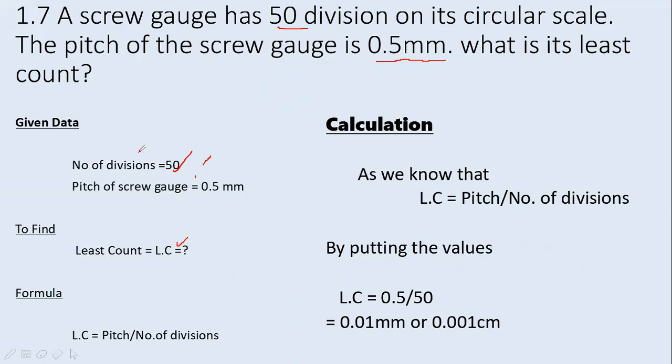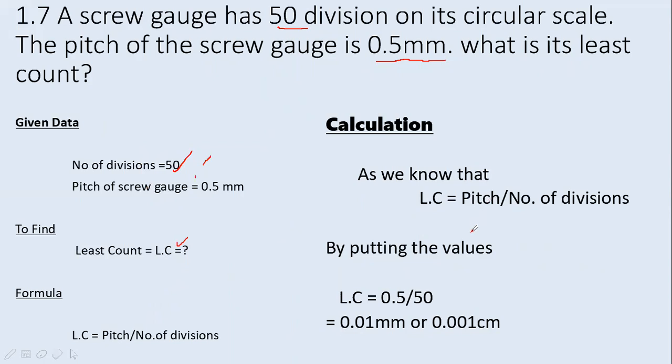So in 100 divisions, it covers 1 millimeter. The formula for the least count is pitch divided by the number of circular scale divisions. As we know, least count is equal to pitch divided by the number of divisions on the circular scale.